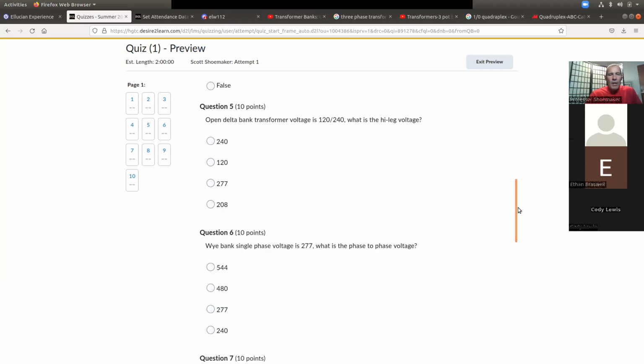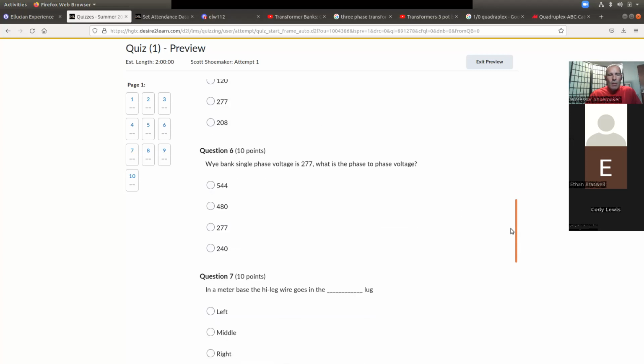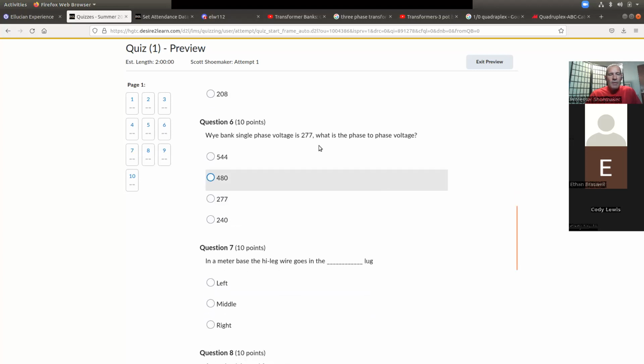An open delta bank transformer voltage is 120/240. What is the high leg voltage? 208. Right, I need to take my 120 because I have a power leg and multiply by 1.732. That would be 208. My Y bank single phase voltage is 277.